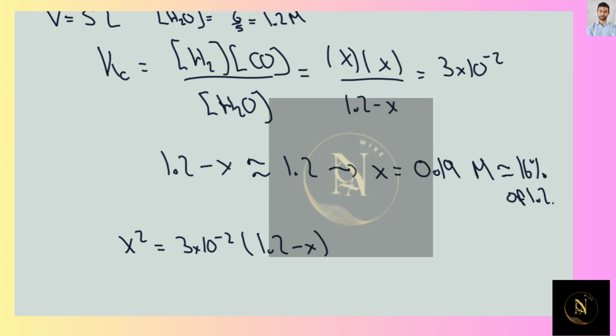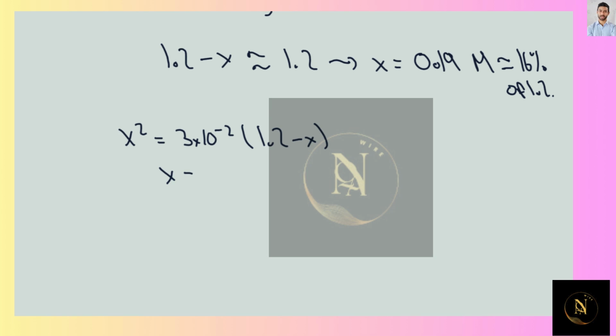After we have solved this quadratic expression, we get two different values for x, x1 and x2. And x1 is going to be equal to minus 0.205, and x2 would be equal to 0.175.